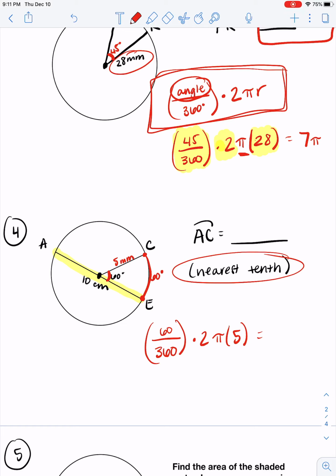So I enter in my calculator 60 divided by 360 times 2 times pi times 5. I get 5.23599. It says round to the nearest tenth, so that would be 5.2 because this number is smaller than 5. So 5.2 centimeters.